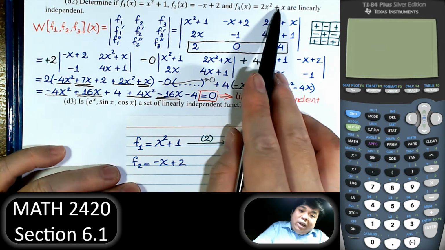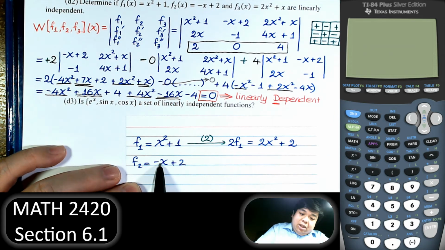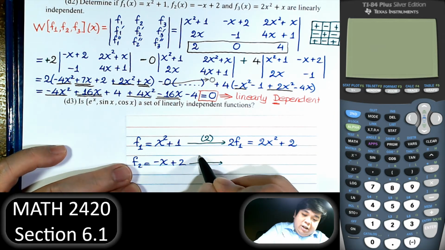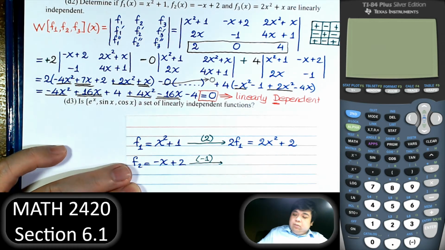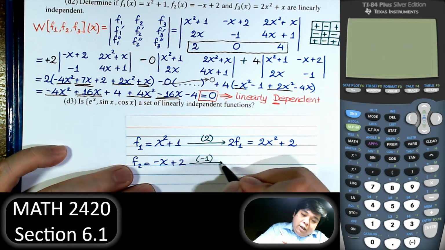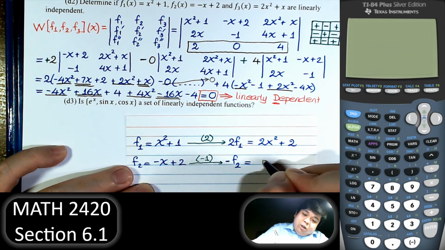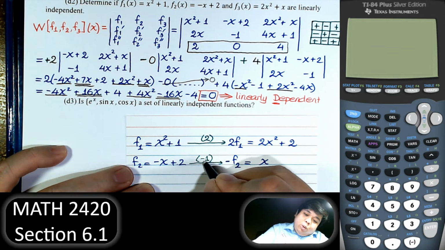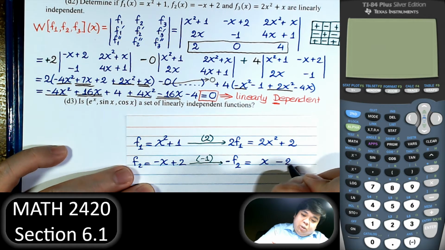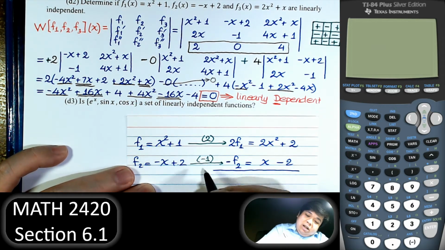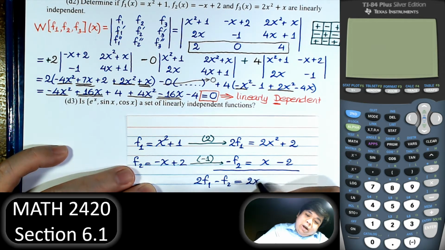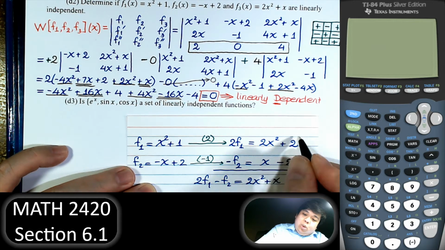The next one, we need to have positive x. So in order to get positive x, we will multiply negative 1 here. That gives us negative f2 equal to x, minus 2. Now if we add side by side, we have 2f1 minus f2 equal to 2x squared plus x. The 2 and minus 2 cancel out.